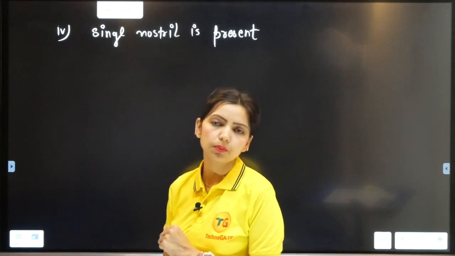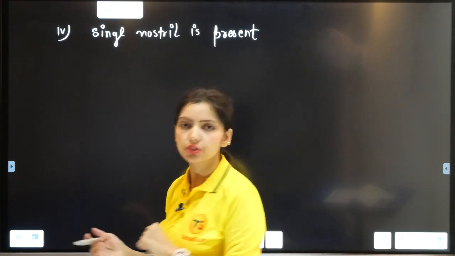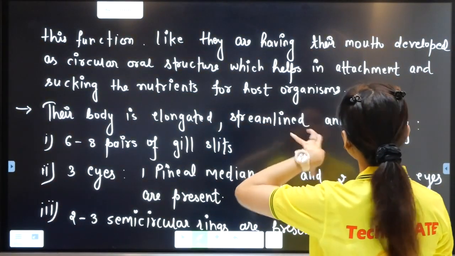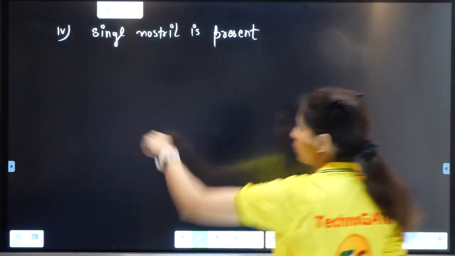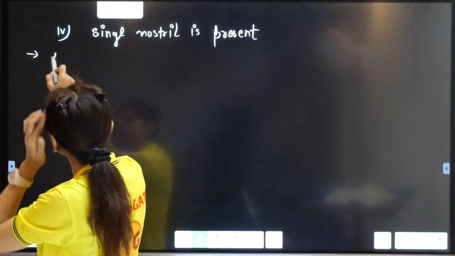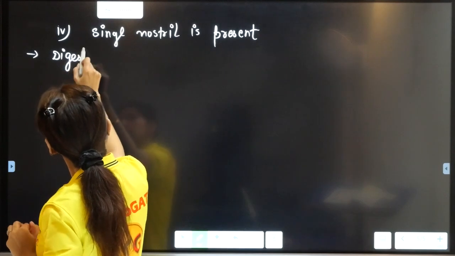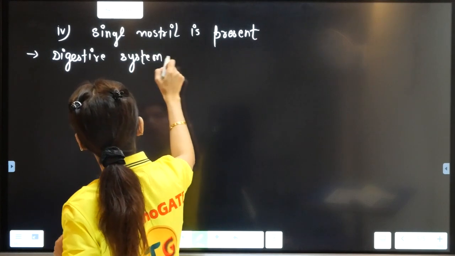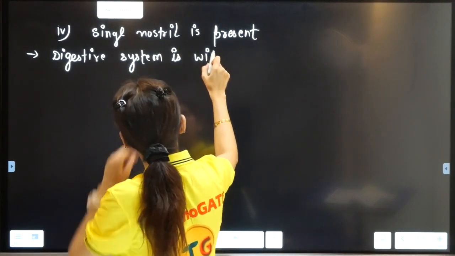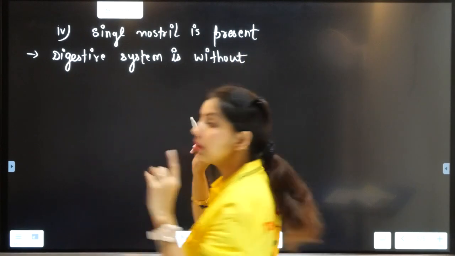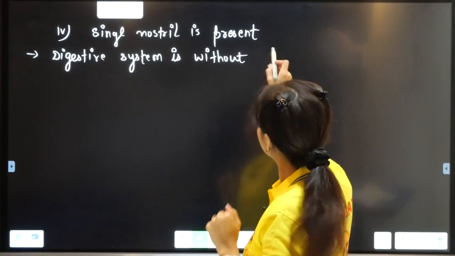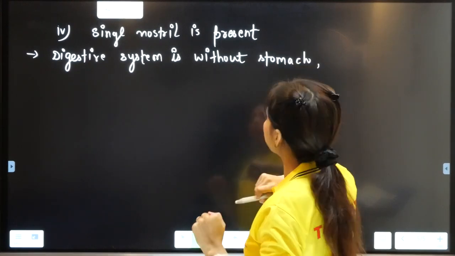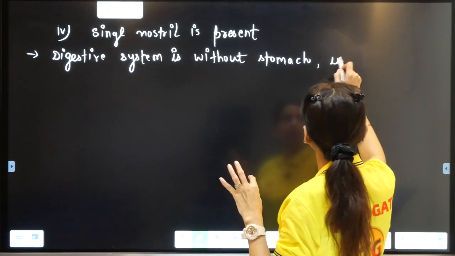Now write down the next point, everyone, that is related to the digestive system. So you noted this point, their body is elongated, streamlined and having these features. Now write down the next point, a fresh point, that digestive system is without what? Stomach. So there will be no stomach present in cyclostomata. Without stomach, intestine is well developed.